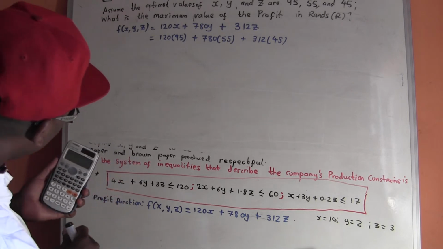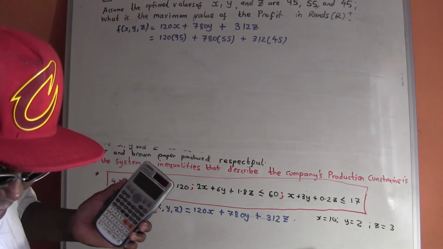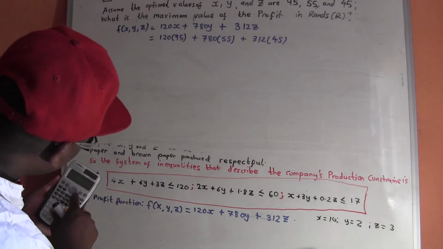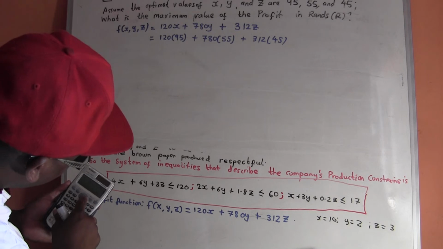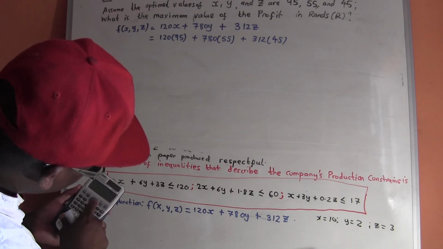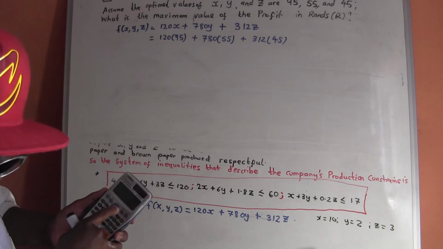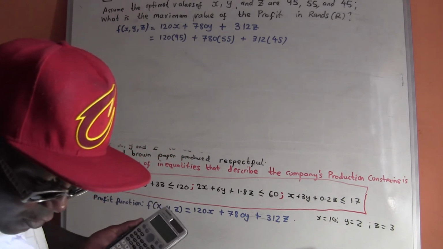Okay, let's see if I applied it correctly. 120 times 95 plus 78 times 55 plus 312 times 45. 68340.